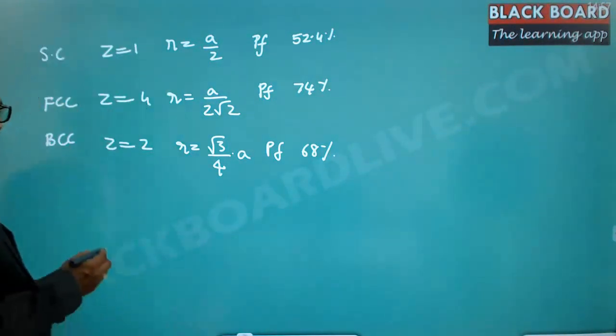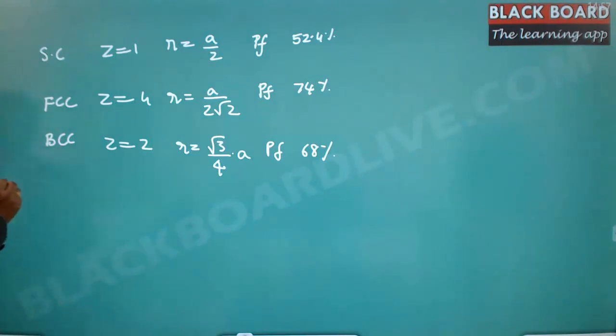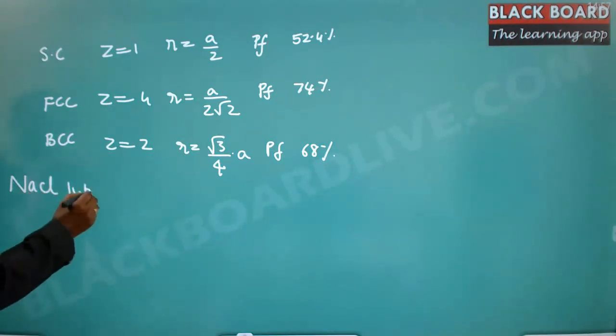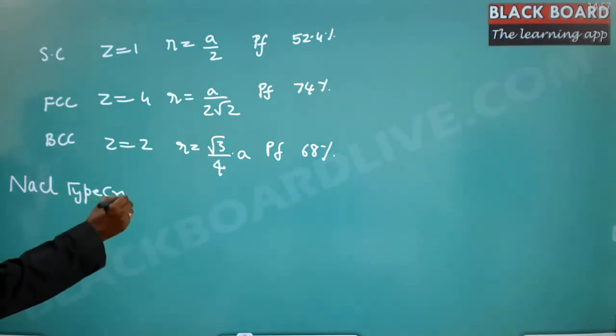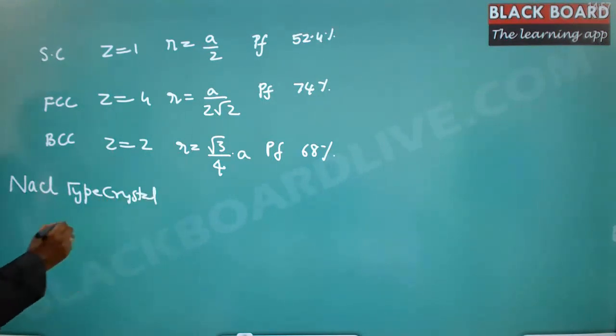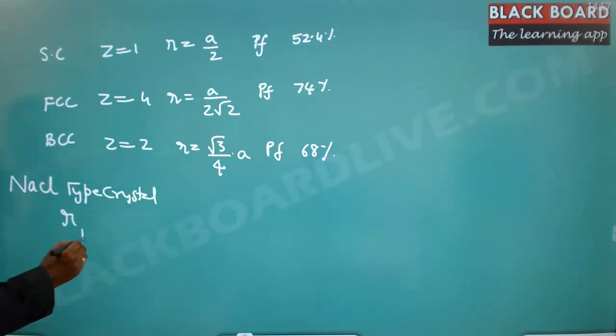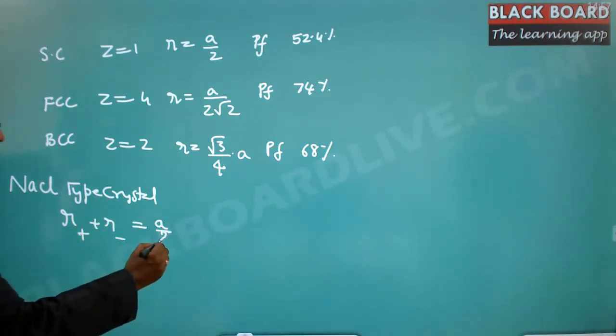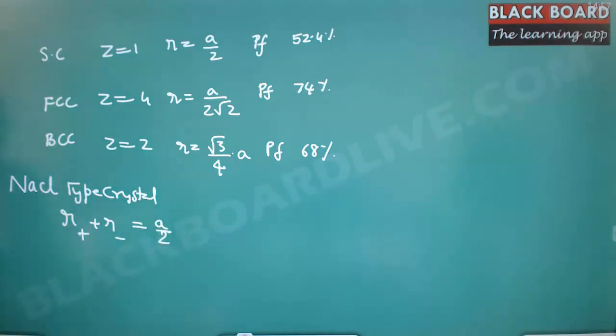So, for NaCl type crystal, an important point: radius of cation plus radius of anion is equal to A by 2, where A is the edge length.